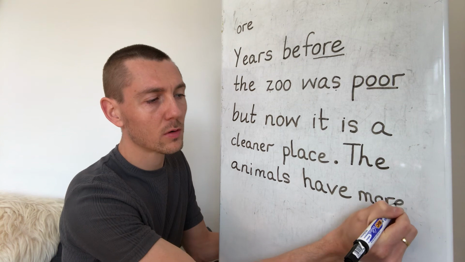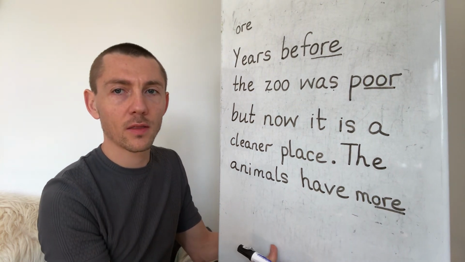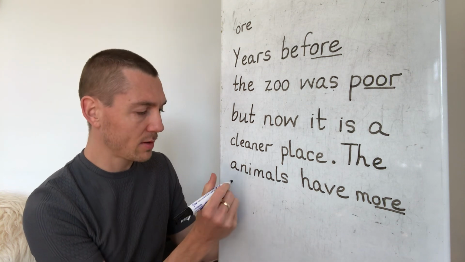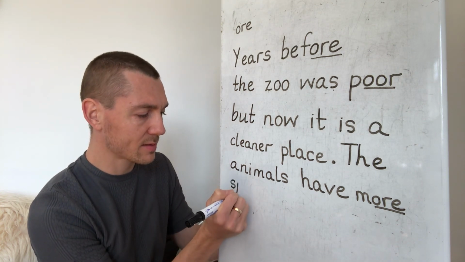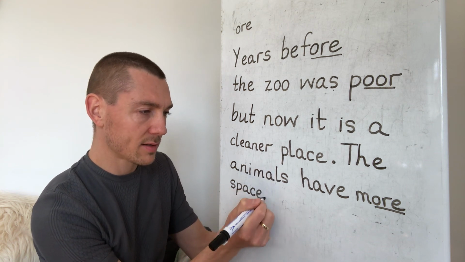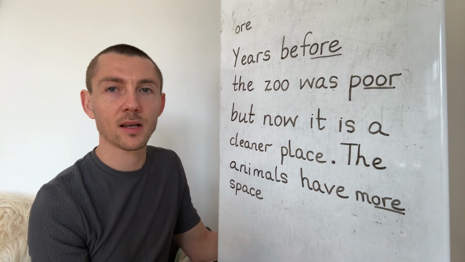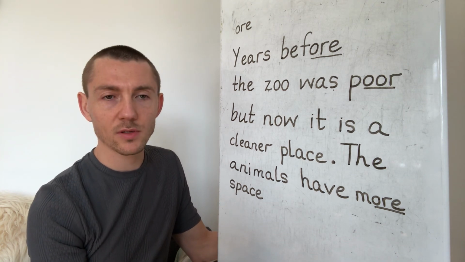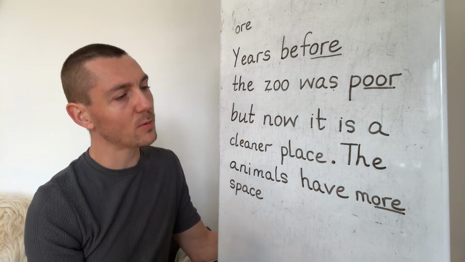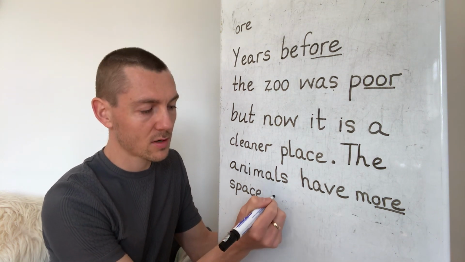Or, with the O-R-E spelling again of or. The animals have more space. The animals have more space, so they don't get bored. 5 words. So they don't get bored.